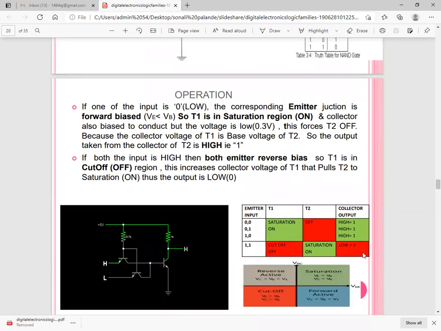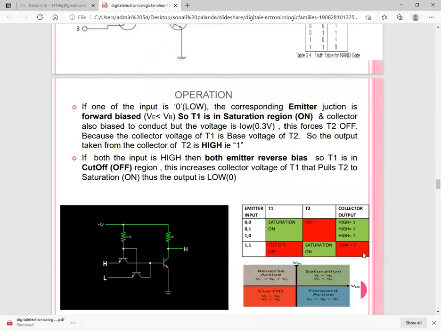The operation performed in this circuit is, if one of the inputs is 0, that is low, the corresponding emitter junction is forward biased, that is VE is less than VB. So T1 is in saturation region, that is on, and the collector is also biased to conduct, the voltage is low, that is 0.3 volt. This forces T2 off because the collector voltage of T1 is the base voltage of T2.